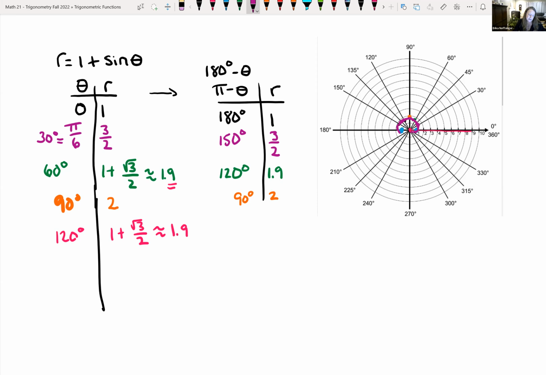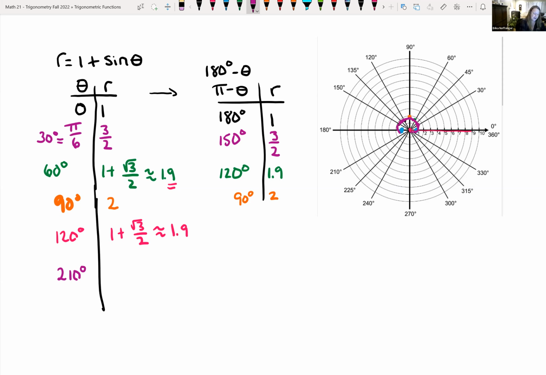Let's say that we plug in, just want to see about below this axis. And so let's say that I plug in 210 degrees. So 210 degrees. My reference angle is 30 degrees. Sine of 30 is 1/2.